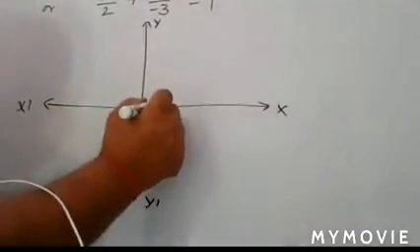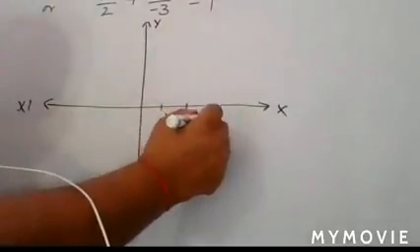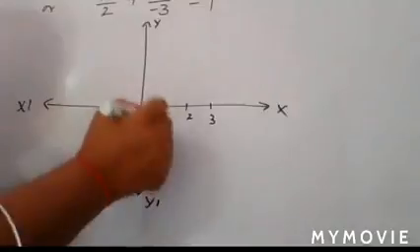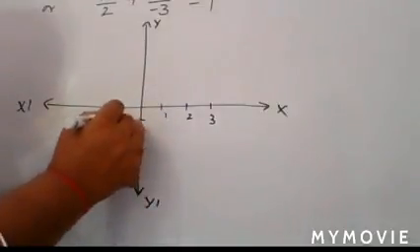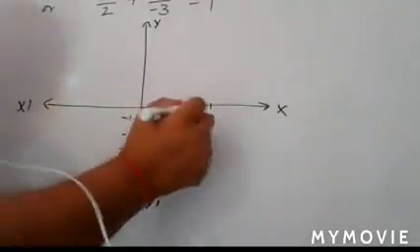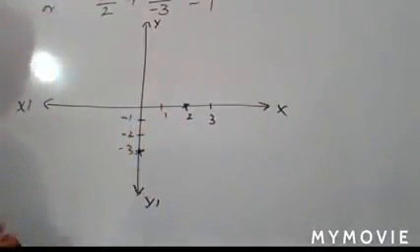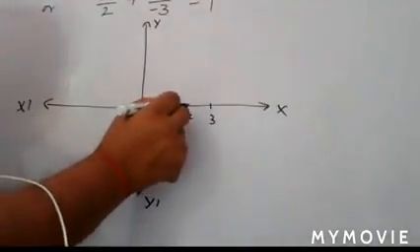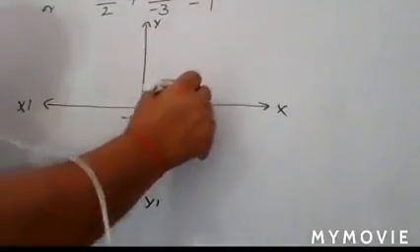Mark 1, 2, 3 on the x-axis, and on the y-axis in the negative direction take minus 1, minus 2, minus 3. Mark the points x 2 and y minus 3, and with the help of a scale draw a straight line joining these 2 points.